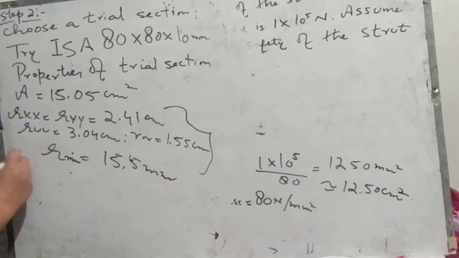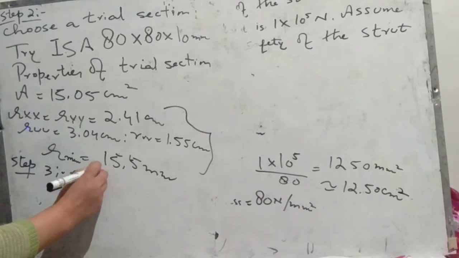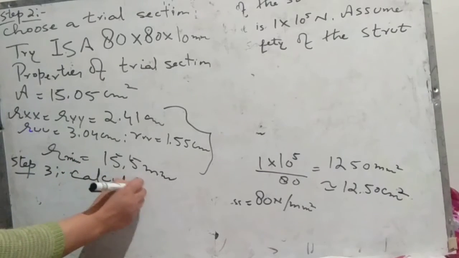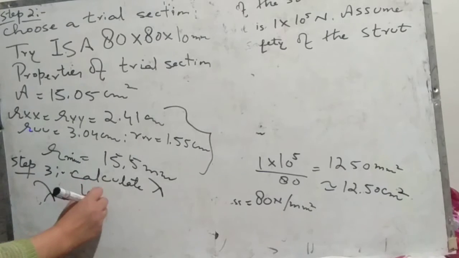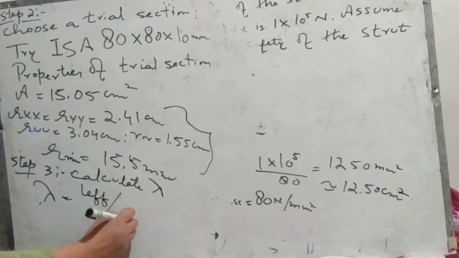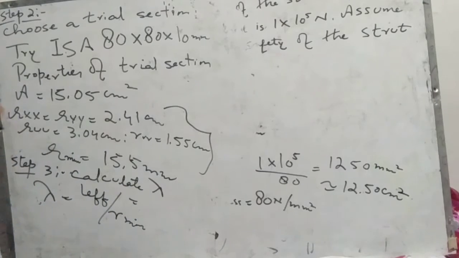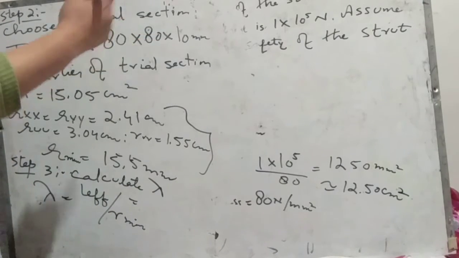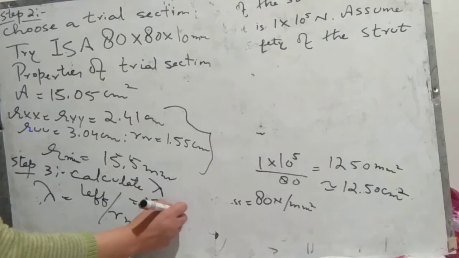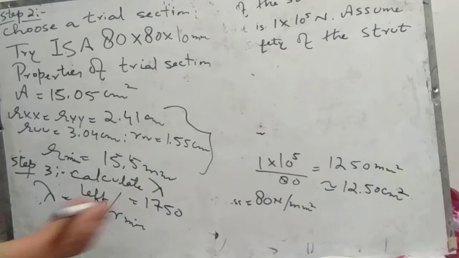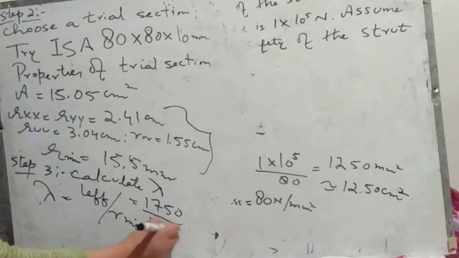Now step 3 will be to calculate the slenderness ratio. Slenderness ratio is L effective by R minimum. L effective, you know, is 1.75 meter. You will convert it into mm. You will get 1750 divided by R minimum, that is 15.5.